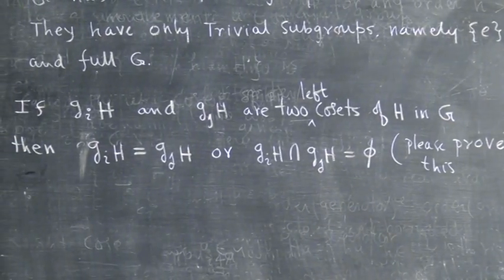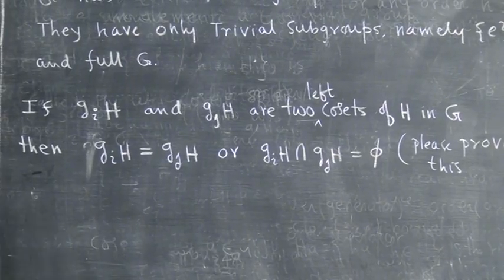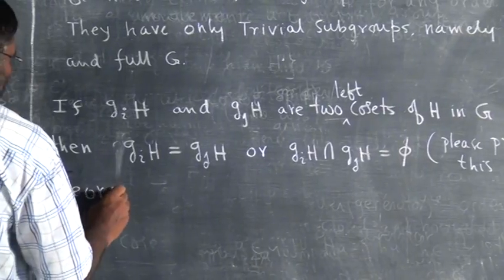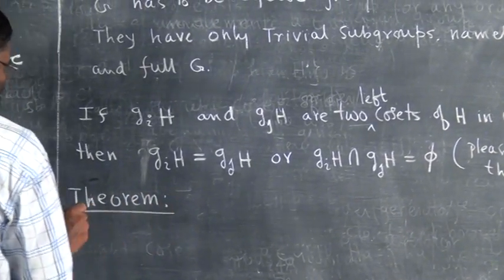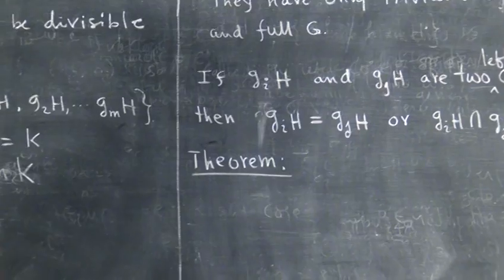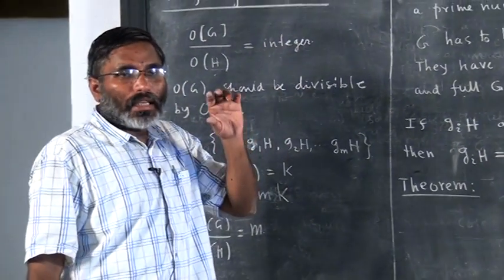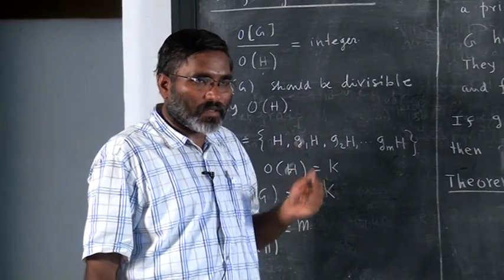Okay. Also, there is another interesting theorem which can be used to verify whether a given subset is a subgroup or not. Normally, you have to show that it is a group, which means you have to show that the elements of H also satisfy all the four axioms.